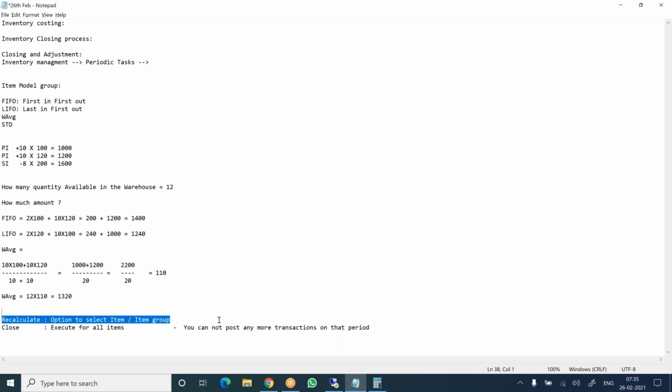Even if you map FIFO, LIFO, weighted average, any mapping, it will be posted with the weighted average calculation only, because the system will not calculate as per the method we have mapped. If you run the inventory closing, you need to run either recalculate or close. If you execute either one, then only it will update with the actual FIFO calculation or LIFO calculation.